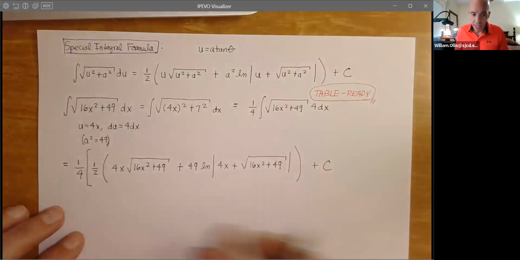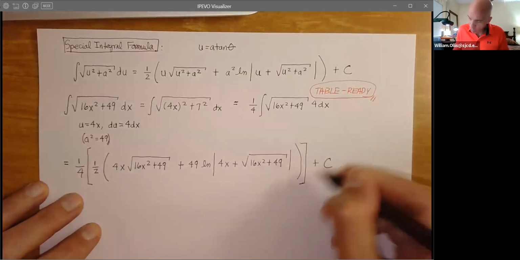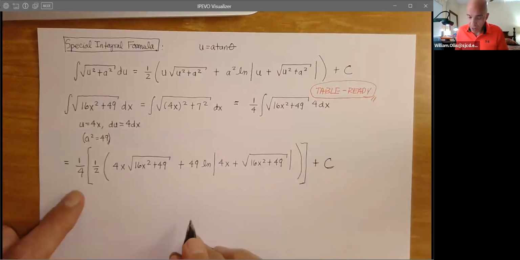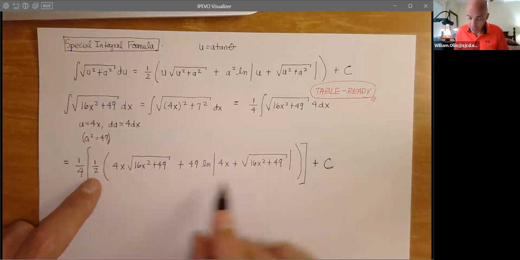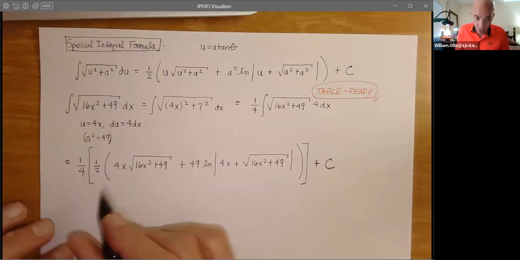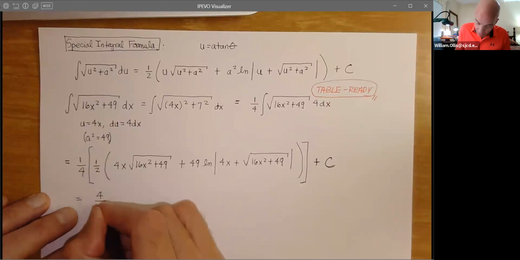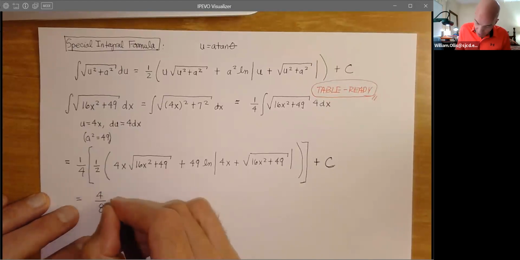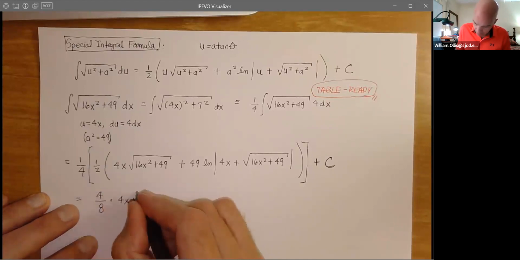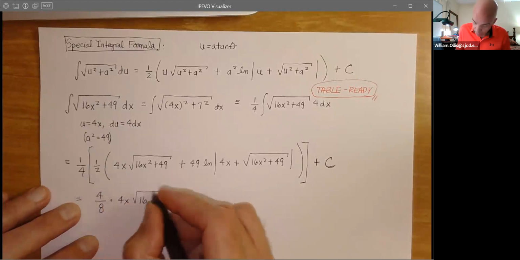So now we can go ahead and distribute everything. Notice we've got our bracket here, and then we just put our arbitrary constant out to the left. Now this 1/2 multiplies everything, and this 1/4 multiplies everything. So we get a 1/8 here. This will give us 4/8 times 4x, and then this gives us 16x squared.